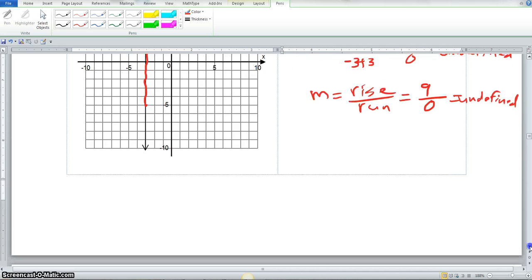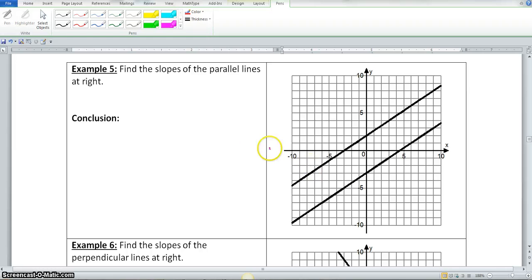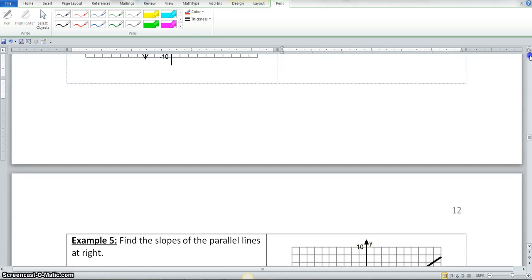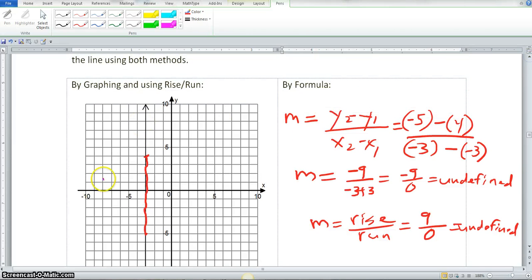So now we move on to the next problem. It says find the slopes of the parallel lines at right. Okay, now we need to find the slopes of these parallel lines. But before we do that, let's go back up to this problem here. Again, the main purpose of us doing this problem both ways was for us to show that we could get the slope using either method.